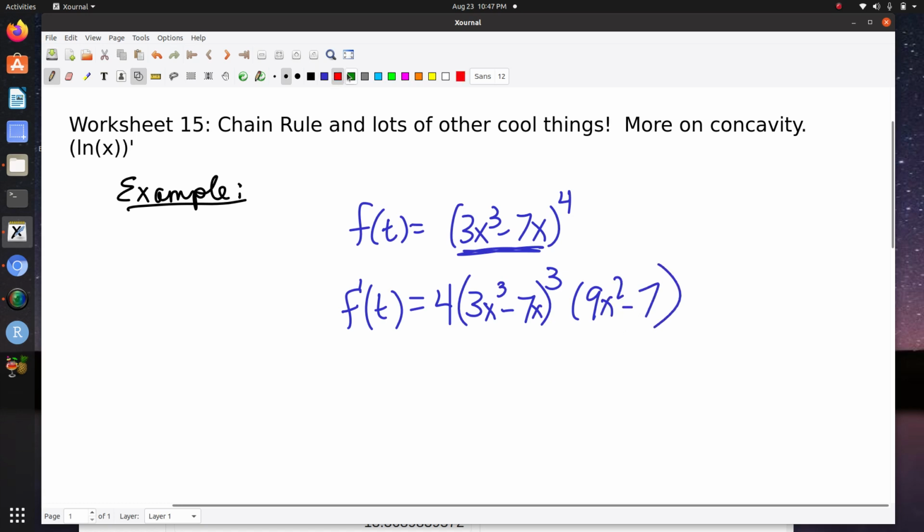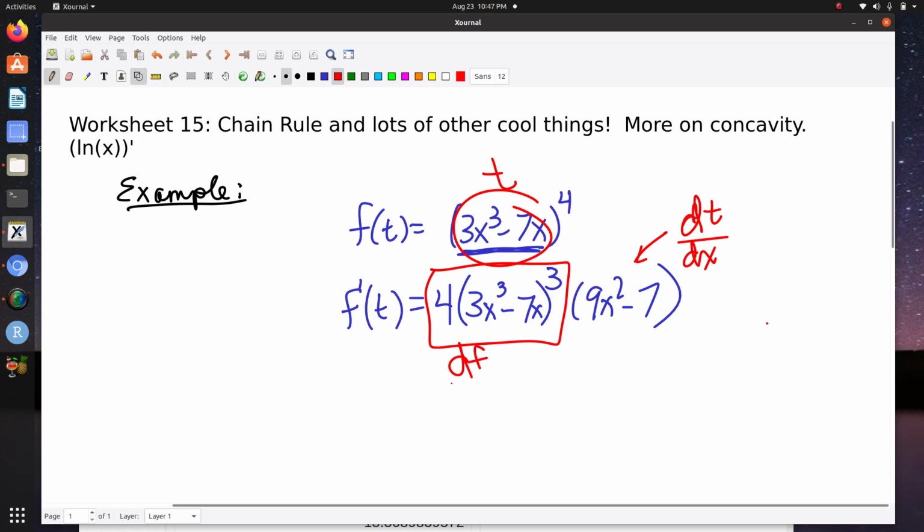Okay, so this part is like your t, this part is your dt dx, and this part is your df dt. Okay? Let me do another one.